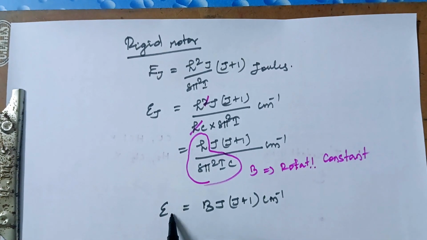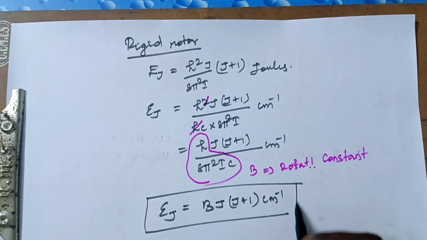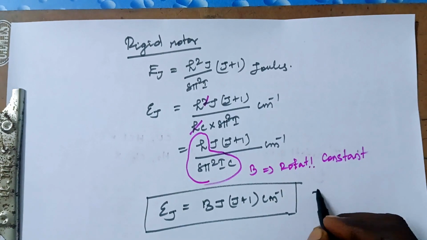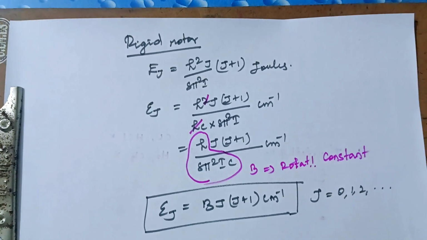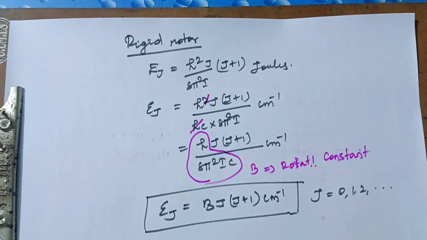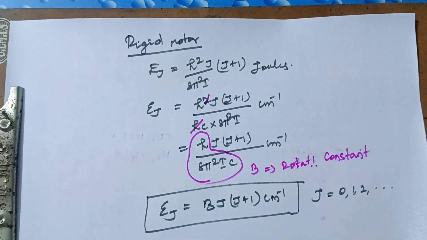That is the energy of the rigid rotor. The values of J are 0, 1, 2, and it keeps going. So these are the allowed values of the energy of the rigid diatomic rotor.